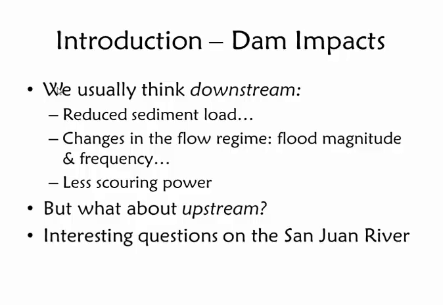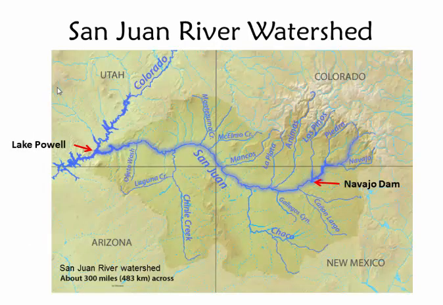And we've spent a lot of time on the San Juan River, and naturally you're sitting there in camp at night and, if you're a nerd like me, you start asking questions like, what's going on here? So we have a lot of interesting questions that have started to come up after spending years and years on the lower San Juan River. So here's the San Juan River watershed, starting up in the high San Juan Mountains and flowing down into Lake Powell before the confluence with the Colorado River.